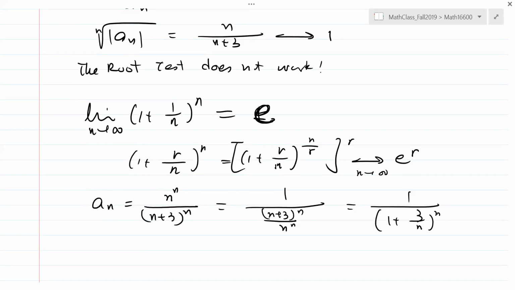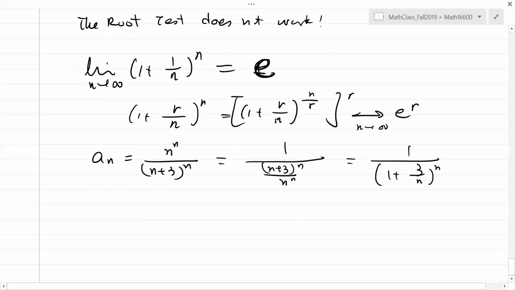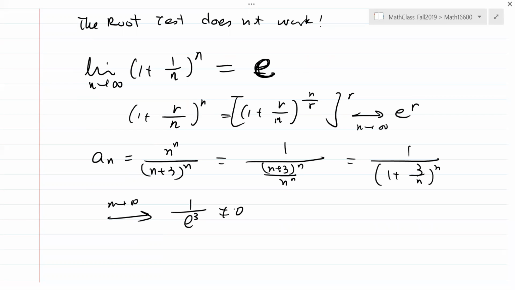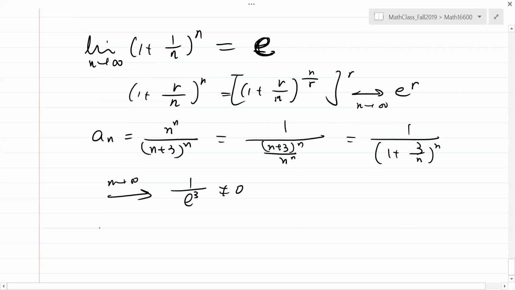So it has a limit. It's not going to be 0. It's going to be e to the negative 3. So the nth term does not approach 0. That's why it's divergent.